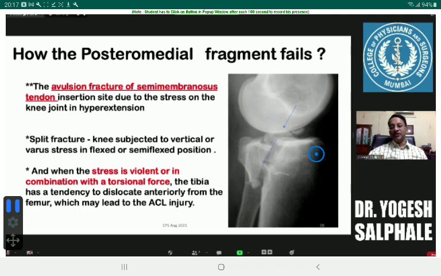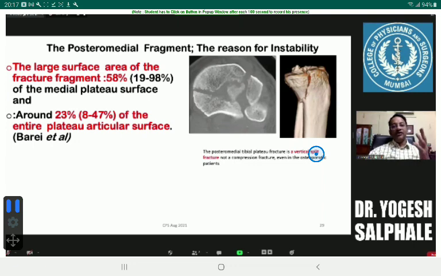So this is an absolutely essential understanding, and most of the time it has a large surface. Around 58% of the area is the posteromedial fragment if you see a cut section. You can appreciate it here. And it is around 23% of the entire articular surface.